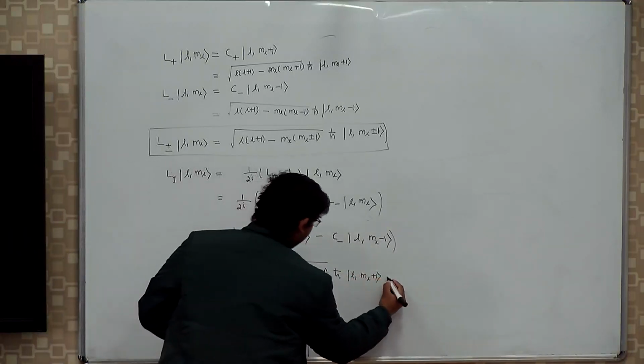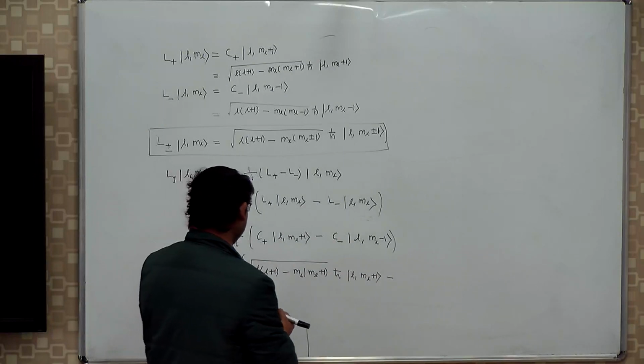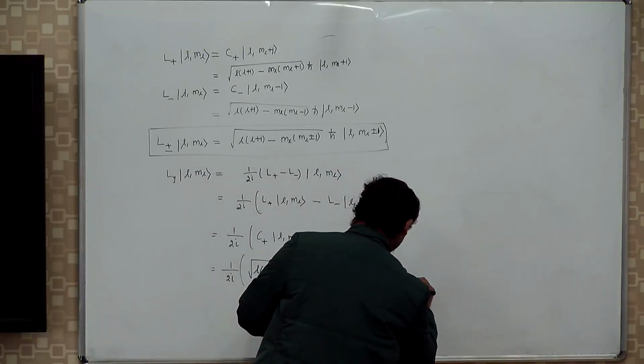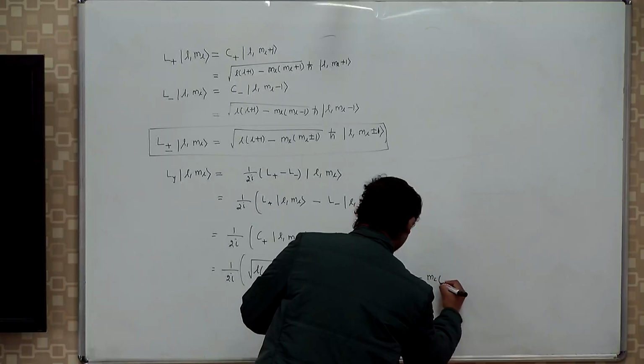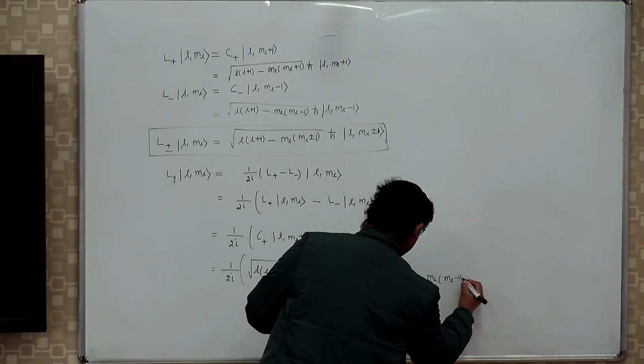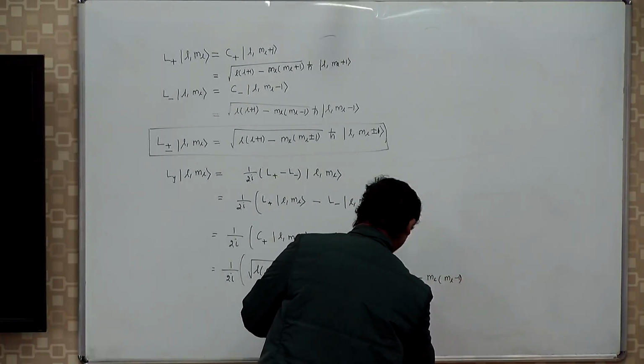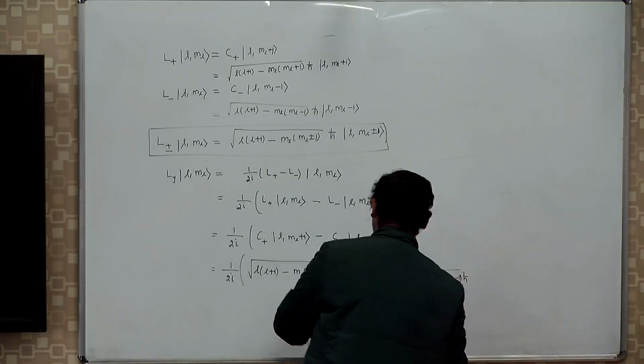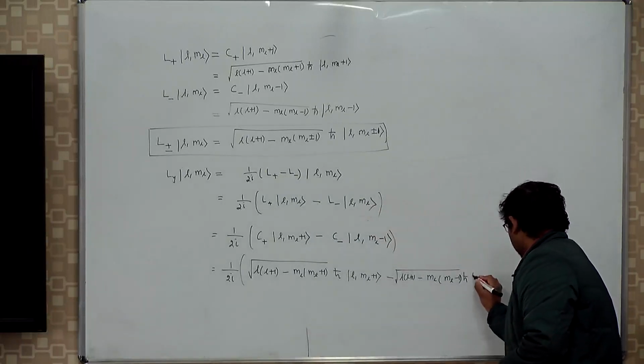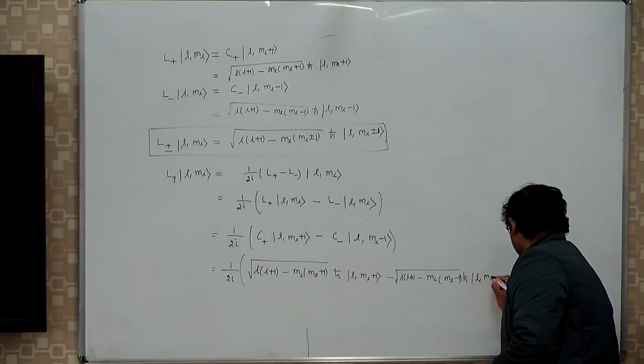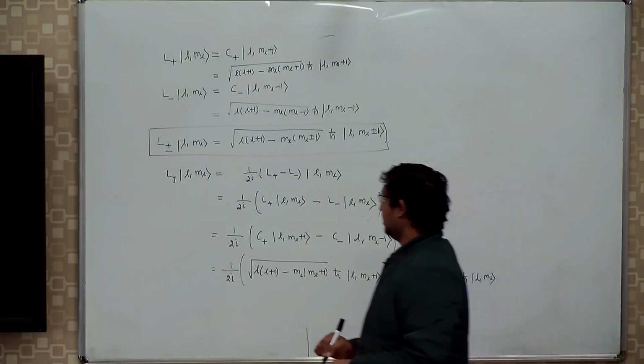Here minus, the C- is the square root of L(L+1) minus mL(mL-1) times h-cross, again with L, mL.